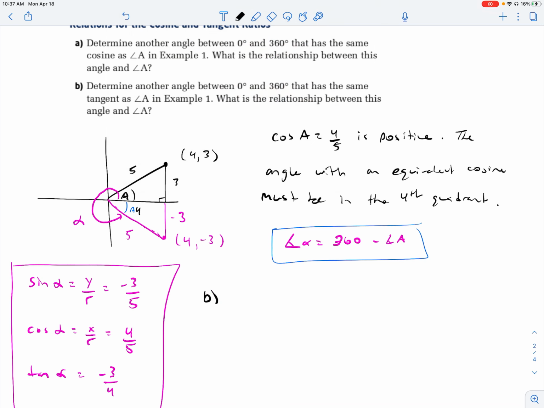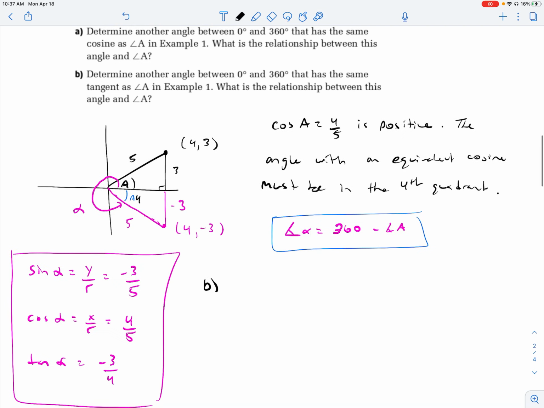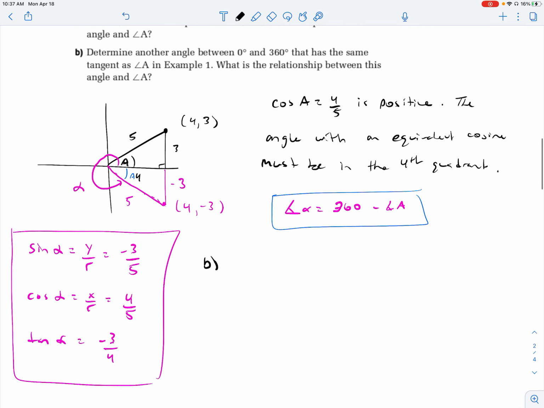Part B, determine another angle between 0 and 360 that has the same tangent as angle A in example 1. Now we want the same tangent ratio. So tangent of A, I'm going to first write that out. It would have been 3/4. So where else can I get a positive tangent ratio? If you recall, tan is y/x.